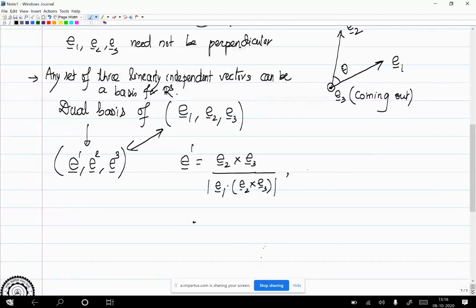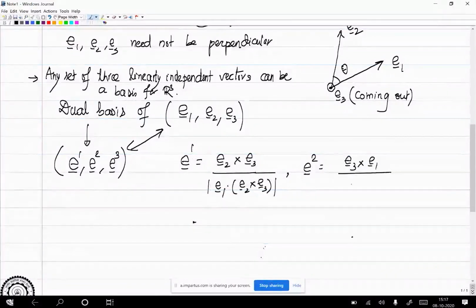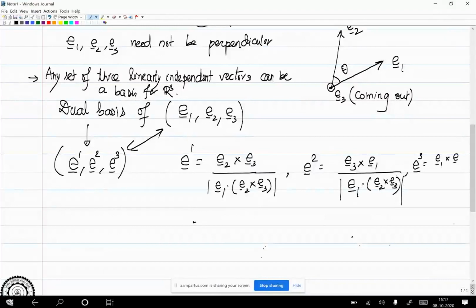Similarly, E super 2 is given by E3 cross E1 divided by E1 dot E2 cross E3. And finally, E super 3 is given by E sub 1 cross E sub 2 divided by E1 dot E2 cross E3.